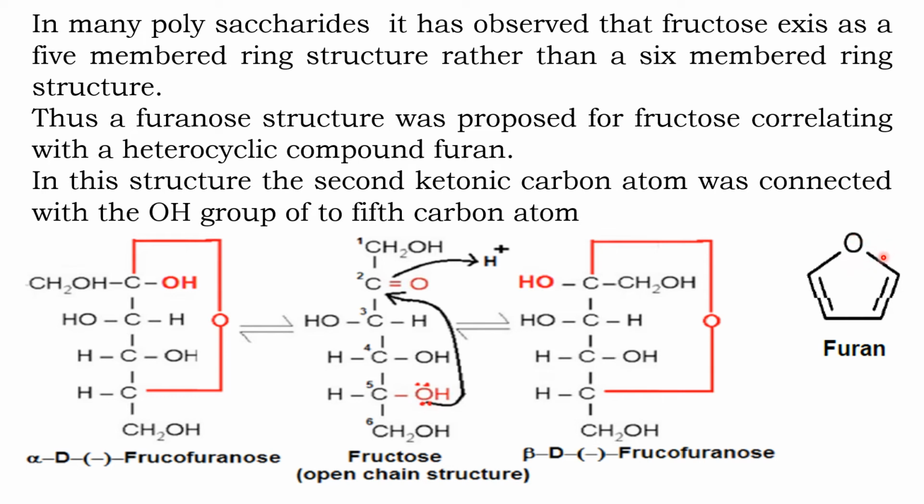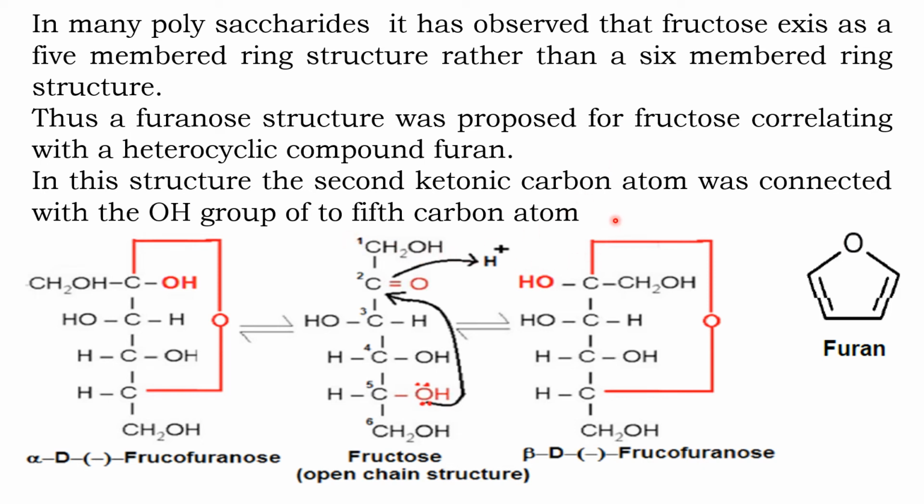So, in the furano structure, we have a connection of oxygen with the second ketonic carbon atom and the fifth carbon atom. So we are restructuring the fructose molecule by connecting the second ketonic group, that is the C double bond O group, with the fifth carbon atom.